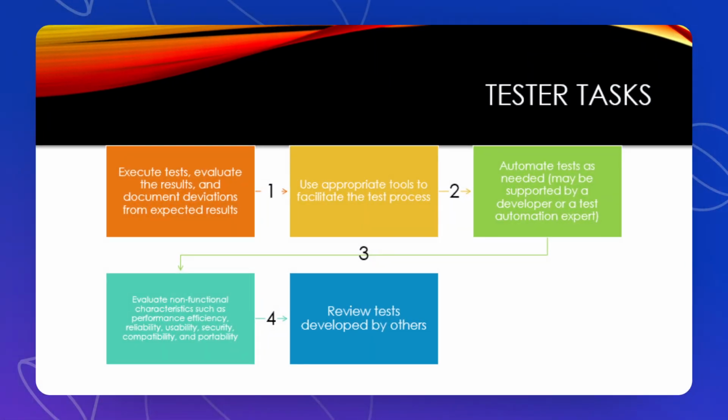The tester executes tests, evaluates their results, and documents deviations from expected results. They also use appropriate tools to facilitate the test process and automate tests as needed. Whenever automation is required, they use it.